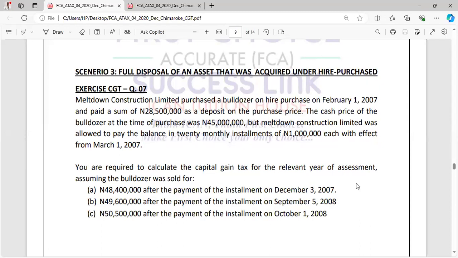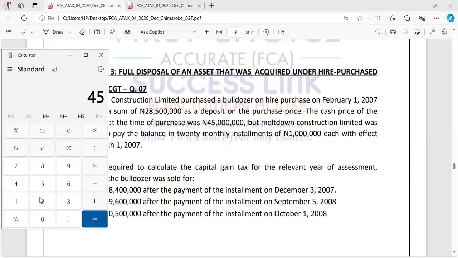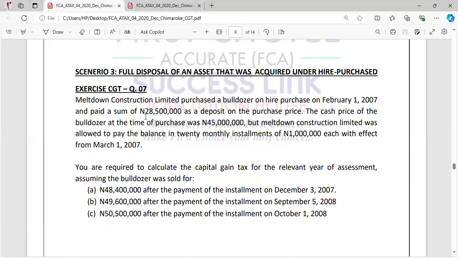And you'll be asking yourself what is remaining after the company paid. Let's see what will remain. 45 million minus 28,500,000. It will remain 16,500,000, right? That's fine. Now, the problem is this.